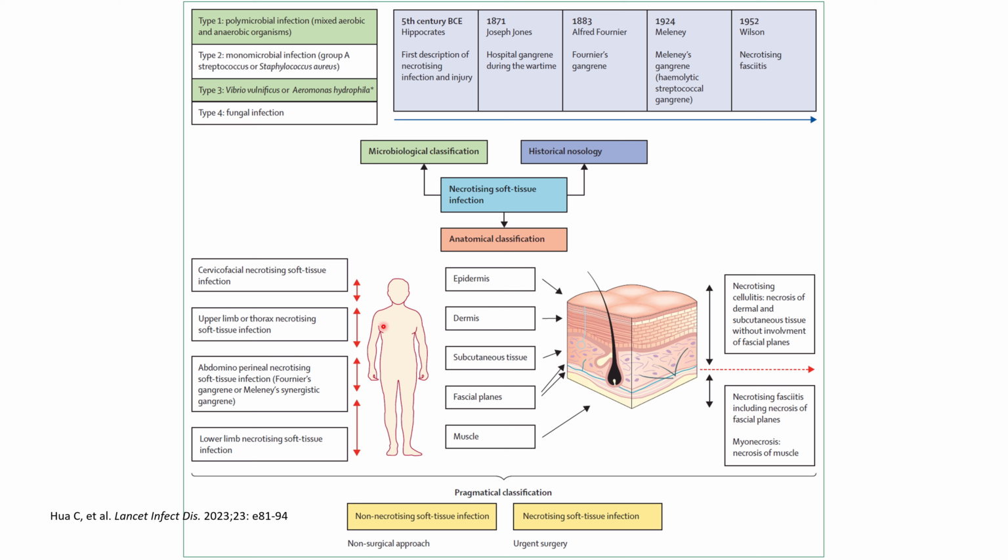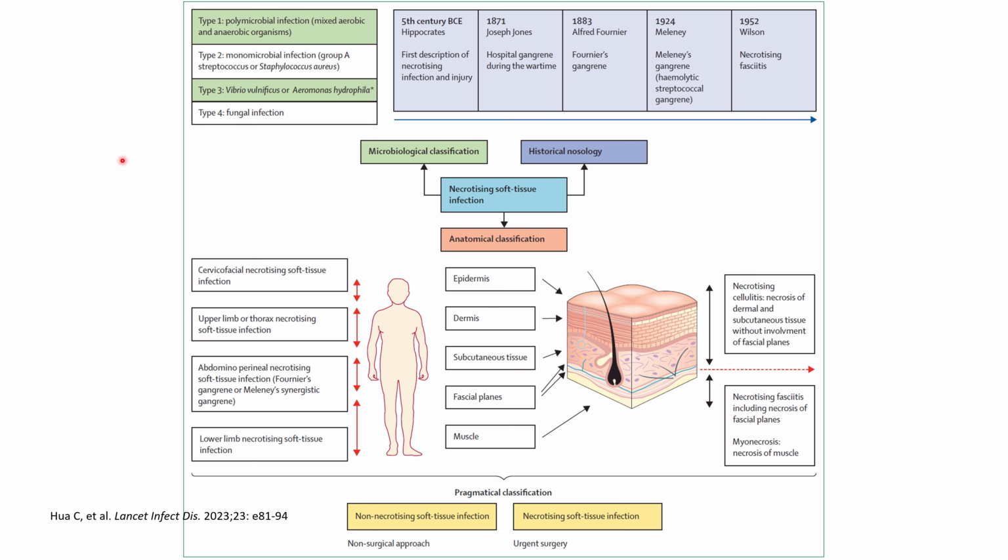Now, there are different parts of the body that can have different types of necrotizing soft tissue infections. So you can see on this picture, and there are different ways to classify this. So one method is to have type 1, 2, 3, and 4, and there are some disagreements over this typing.